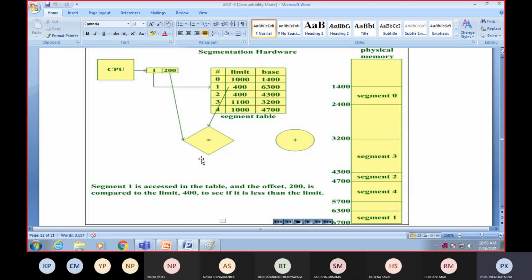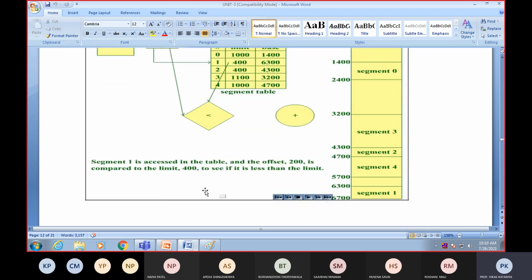But if it exceeds the limit, the operating system cannot translate it, and in this case it becomes a trap. So we check whether 200 is less than 400.